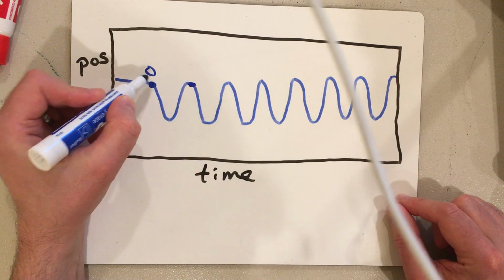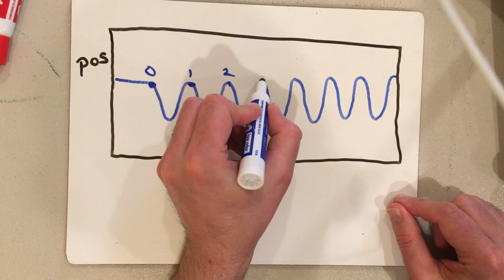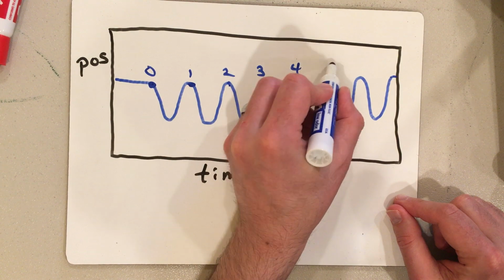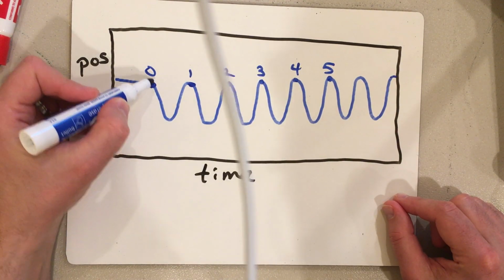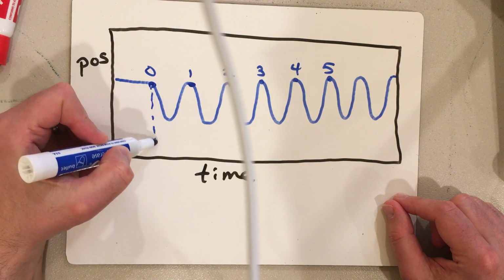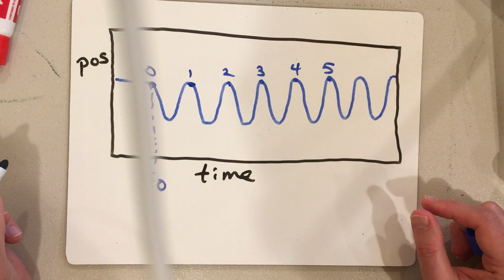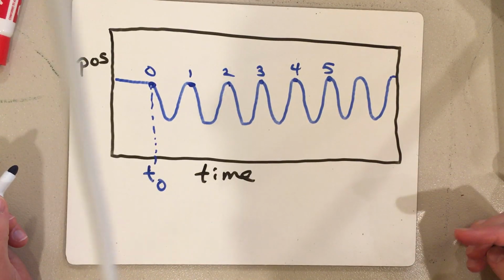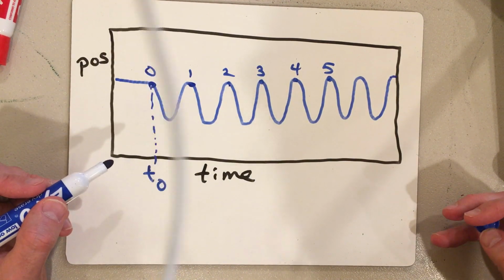this is 0, that's where I'm beginning, this is 1, and then this is 2, and then this is 3, and this is 4, and this is 5. So right here, this is where I started, I go down, whatever that reading is, that's my T0. You'll have to look at the graph and estimate as best you can what that value is.